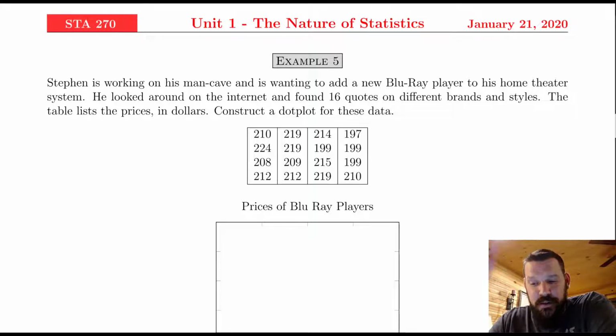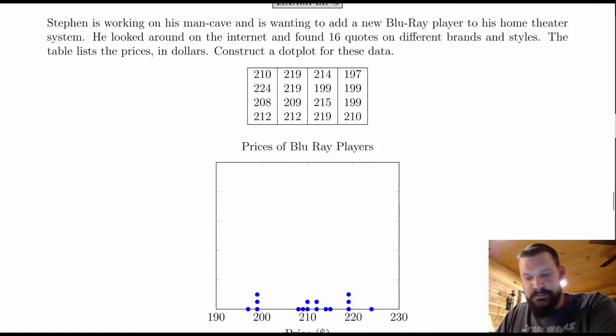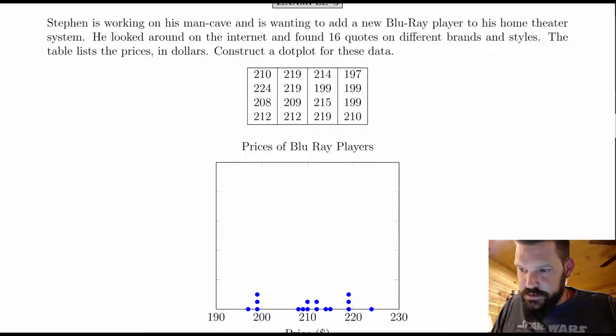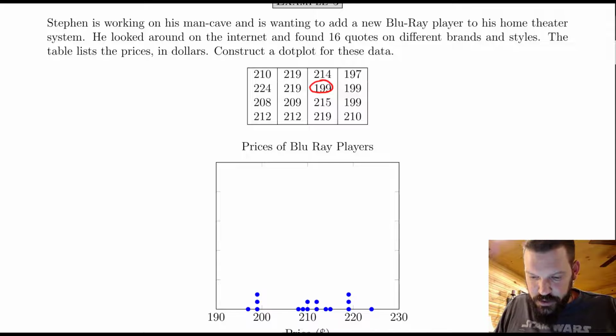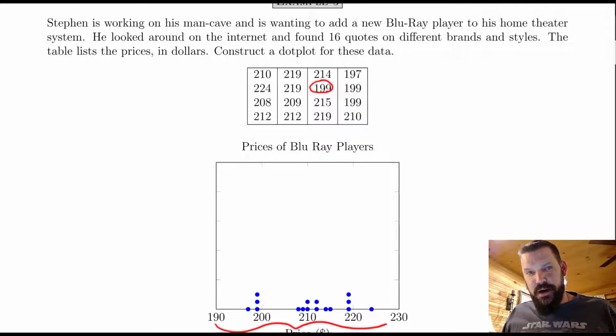We want to construct a dot plot for the data. It's not difficult. So our lowest value is $199. So here along our x-axis are the values from $190 to $230. And again, your scale can be whatever you want.